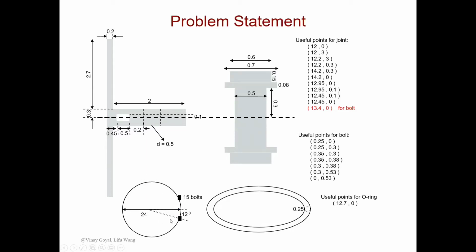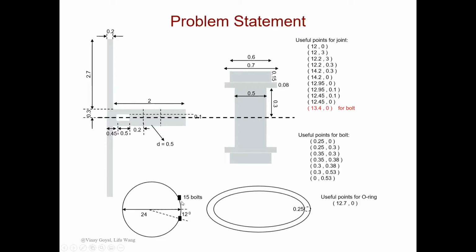And here is a top view of the pressure vessel. The pressure vessel has a diameter of 24 inches, and the thickness is 0.2 inches here. And it is jointed by 15 bolts.